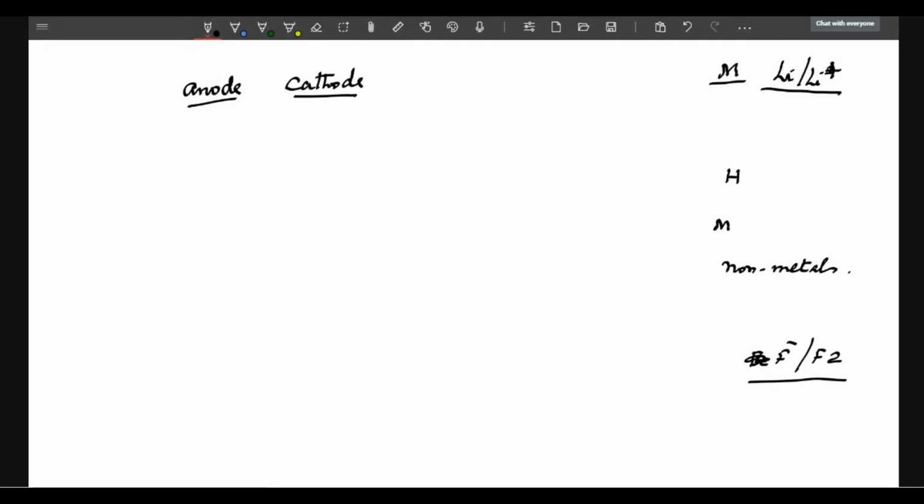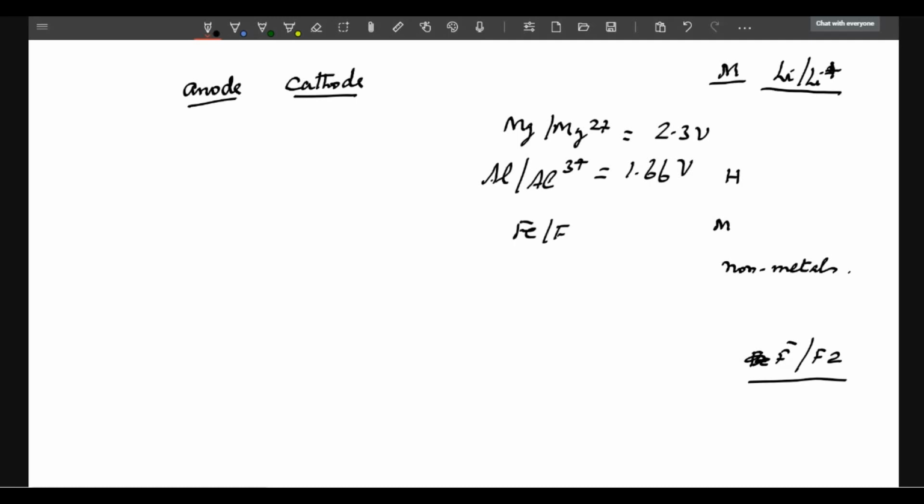Sir, I am not following this. Anybody can ask. For example, aluminium bar, aluminium 3 plus, its electrode potential is 1.66 volt. Then magnesium bar, magnesium 2 plus, its potential value is 2.3 volt. Then iron bar, iron 2 plus, its potential is 0.44 volt.